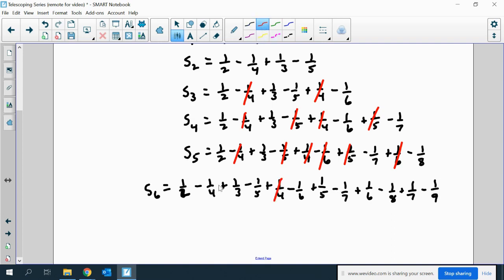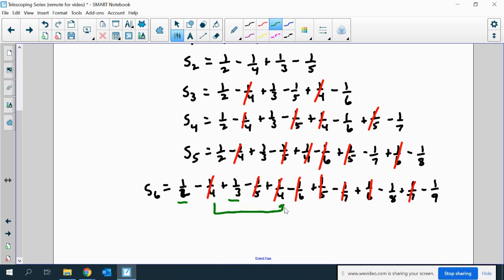So this 1/4 cancels with this 1/4. This negative 1/5 cancels with that positive 1/5. This minus 1/7 cancels with that positive 1/7. This plus 1/6 cancels with this. And so what appears to be happening is, as we continue to go and go and go, this 1/2 and this 1/3 are staying. The 1/4 and 1/5 canceled, and it appears that everything cancels with the thing 3 things after it.